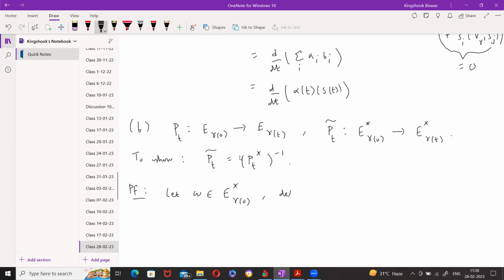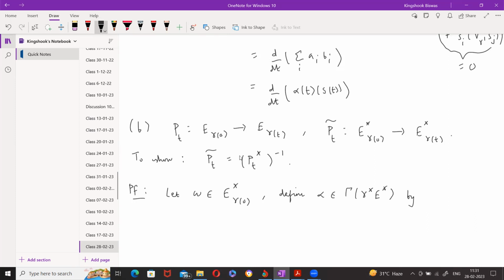And define a section alpha of the dual bundle along gamma by, so I want to define a parallel section whose value at time 0 is equal to omega.